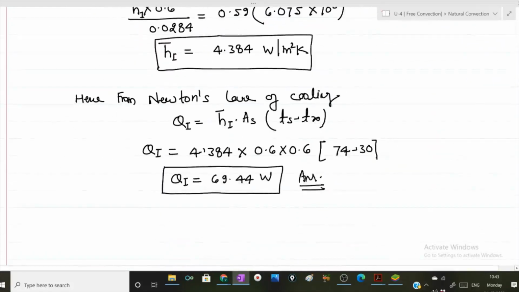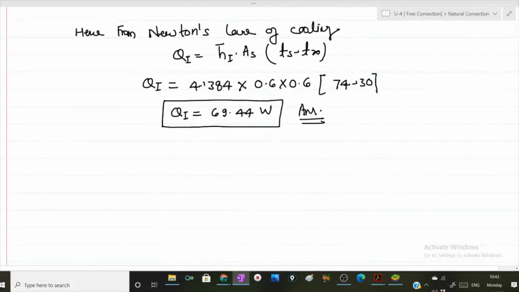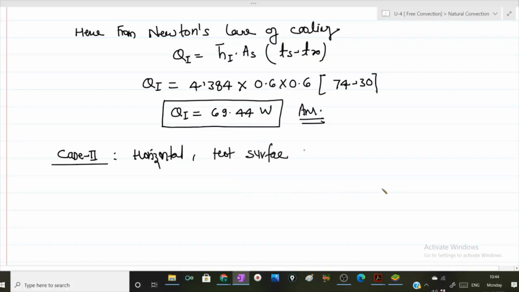Okay, let us move on to case 2. That is horizontal, same plate is kept horizontal, hot surface facing up.